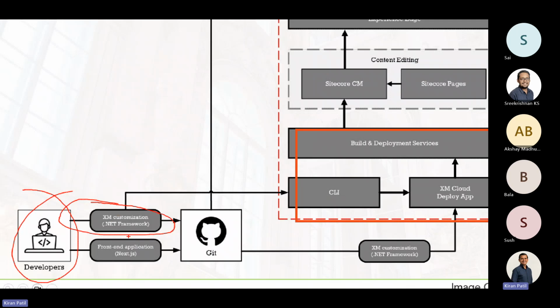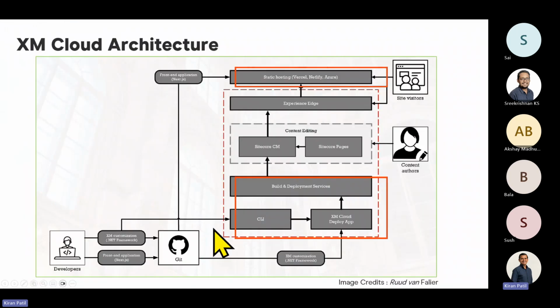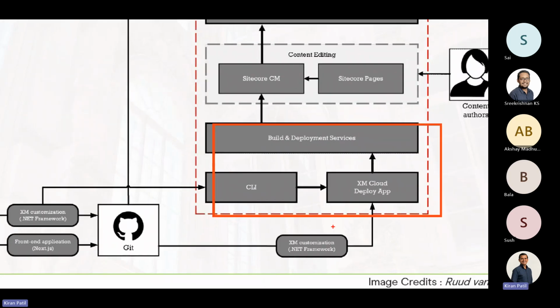One is XM customizations, which is basically C#, the .NET framework and config files. The other is the front-end application, which is Next.js, React, Vue or whatever framework you are using for the host. The front-end application can be hosted on static hosting like Vercel, Netlify or Azure, and site visitors will go there.